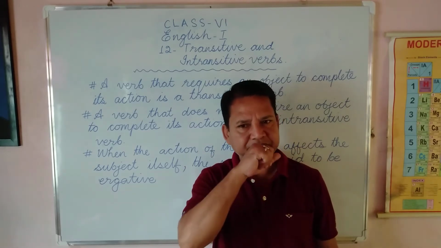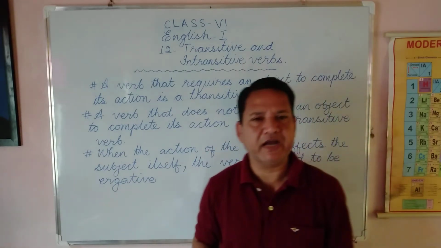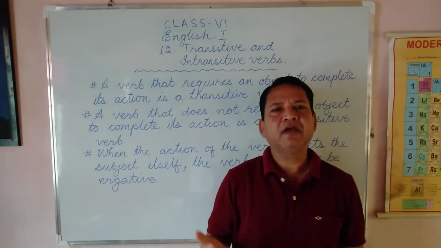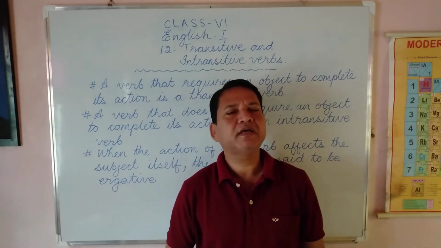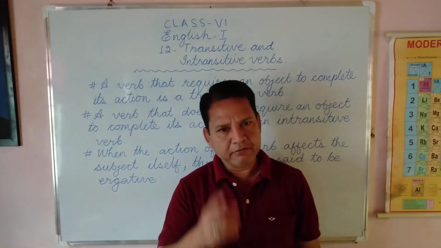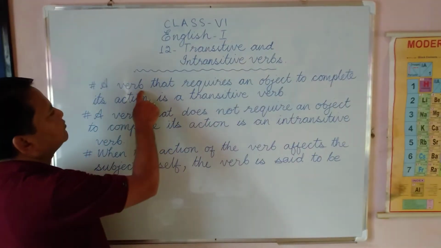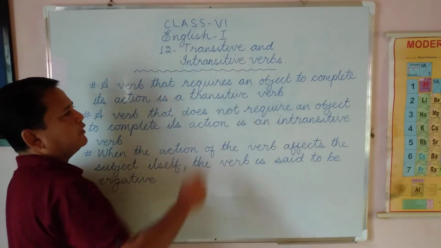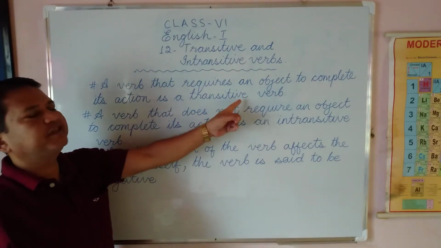Now what are intransitive verbs? Verbs which do not need an object to complete the meaning are called intransitive verbs. I'll read the definitions for you, okay? A verb that requires an object to complete its action is a transitive verb.